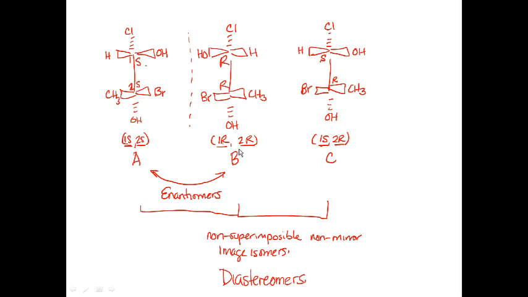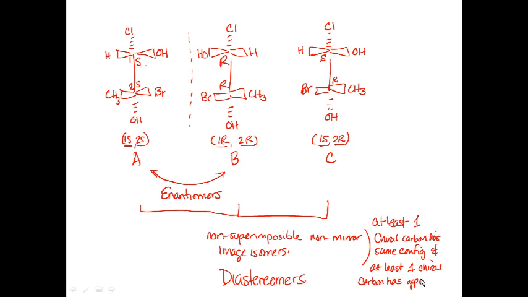They are molecules where, and I'll provide you an alternative definition, at least one chiral carbon has the same configuration and at least one chiral carbon has the opposite configuration.